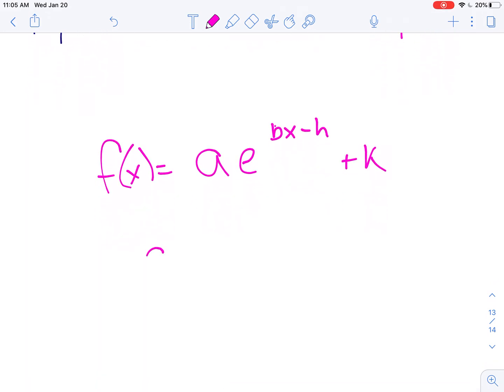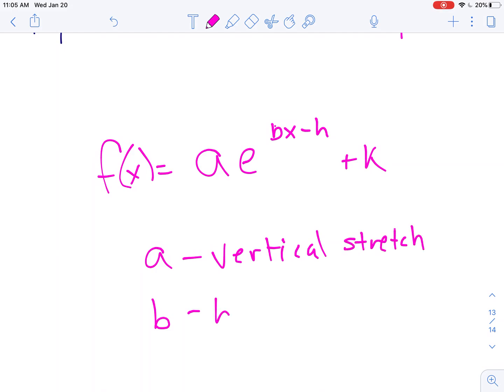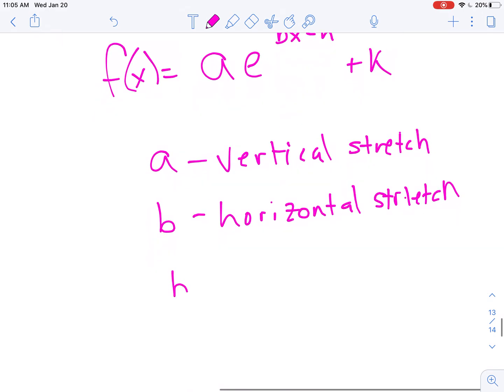And all of these are the same. A is still your vertical stretch. B is your horizontal stretch. H is your horizontal shift.